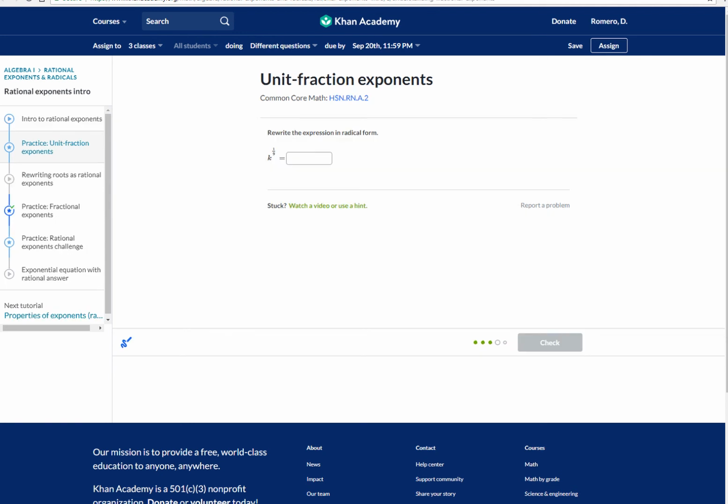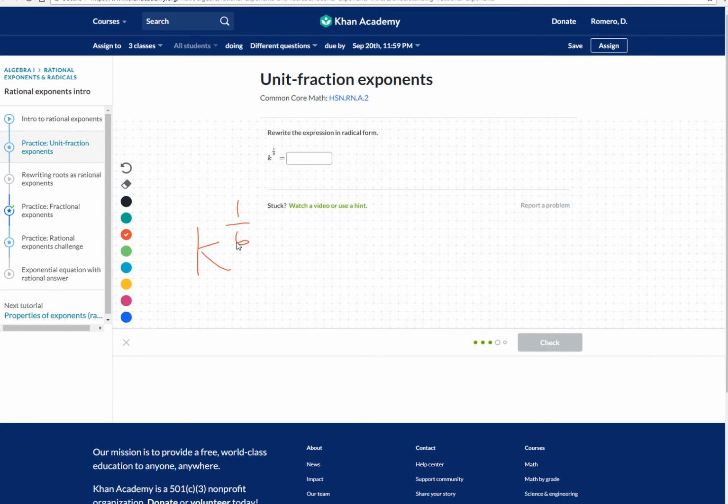Okay, rewrite this expression in radical form. These should be a gimme. Wow, I can't even read that. I think that says k to the 1 over 6. If not, then I'll find out the hard way. I don't know, I can't read that 6 really well. It looked like a 9?